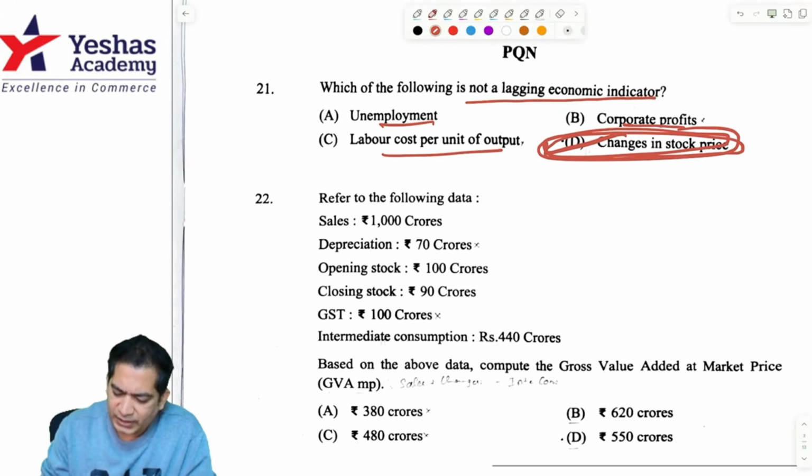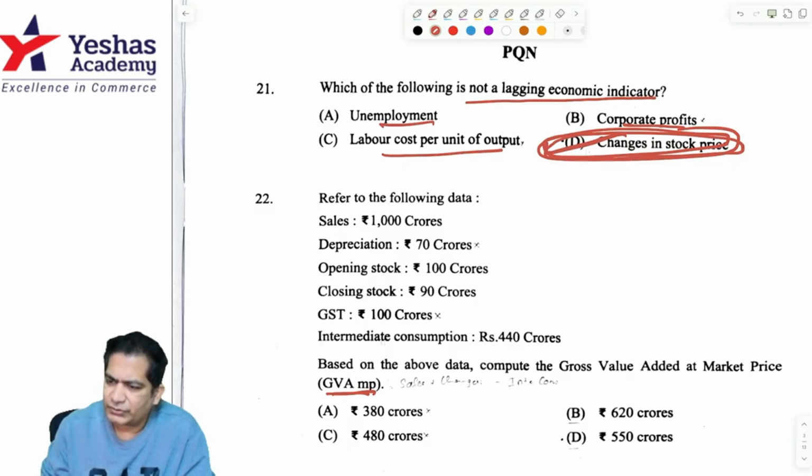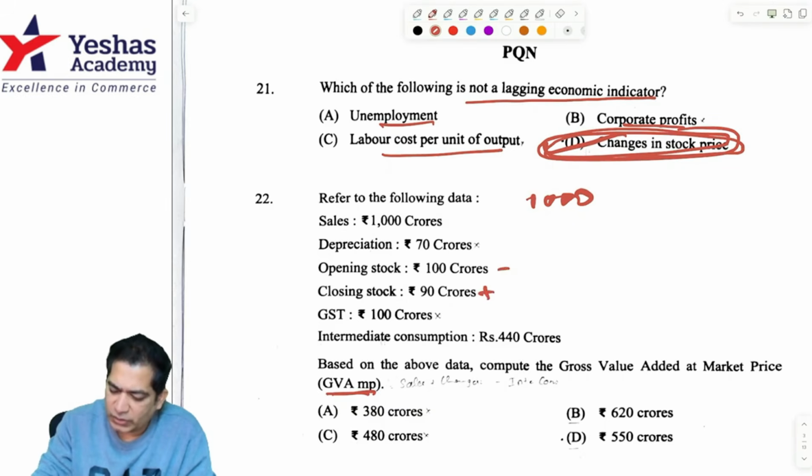Refer to the following data and calculate gross value added at market price. The core formula is sales plus change in stock minus intermediate consumption. Sales is 1000, plus change in stock, which means closing stock minus opening stock, so plus 90 minus 100, and then minus intermediate consumption, which is 440.